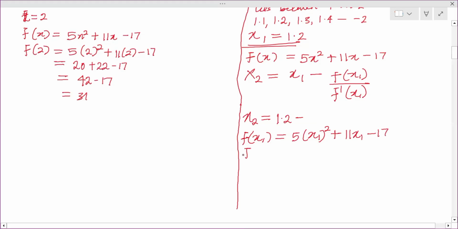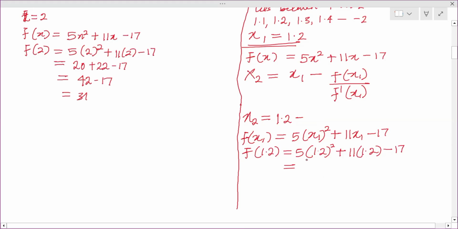So that will be f of 1.2 equal to 5 into 1.2 all squared plus 11 into 1.2 minus 17.